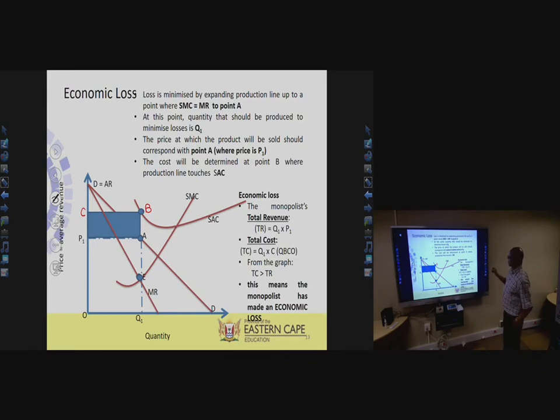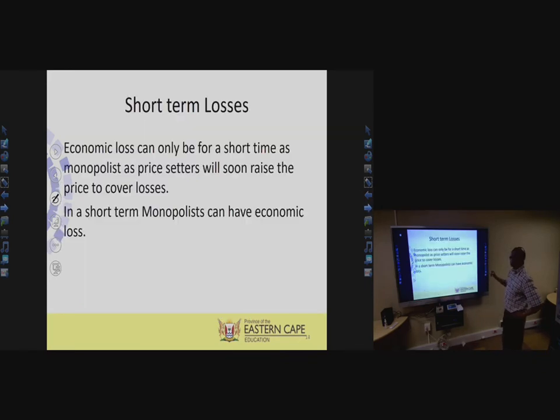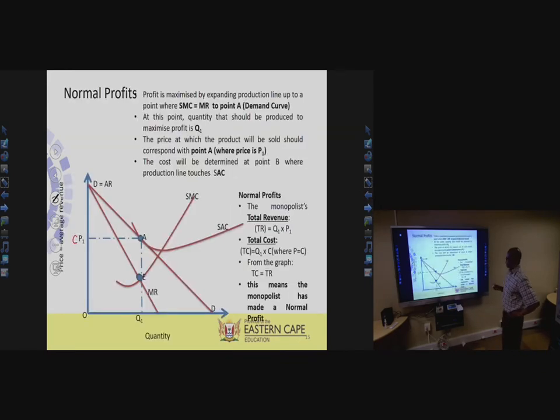And because they are price setters anyway, they will solve that particular problem. In the short term, monopolies can have an economic loss, but that will be solved by monopolies by setting a new price which will be above the cost.